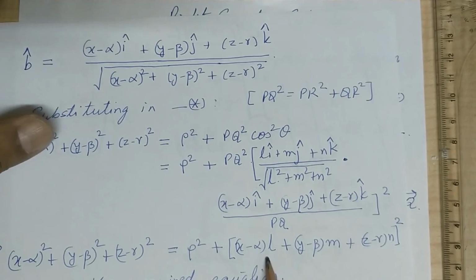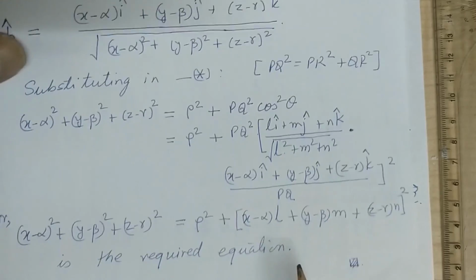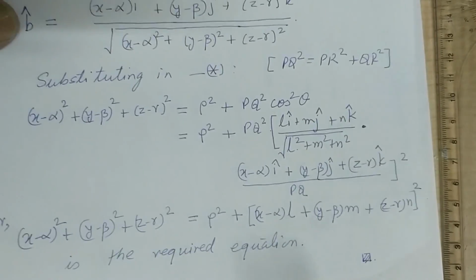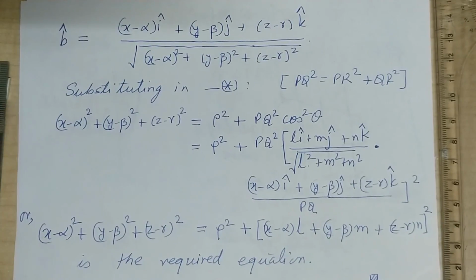So theta is not there in this expression anymore. And what I have is a quadratic equation, and this is the equation of the right circular cylinder.